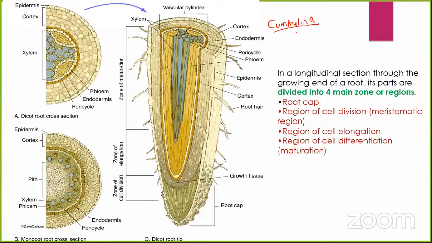Commelina has small leaves with pale leaf veins. But what we normally do, we pick roots because they have those adventitious roots on them. So we make a cutting to see the transverse section of the root.